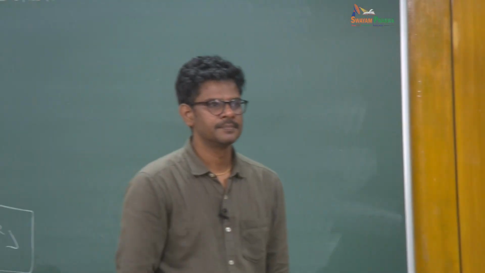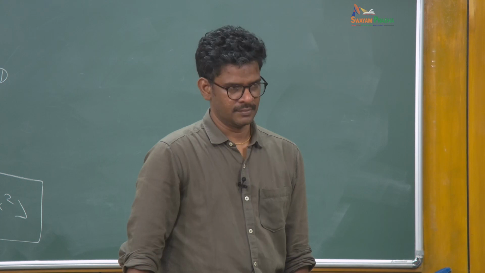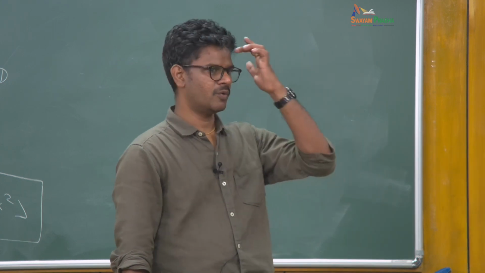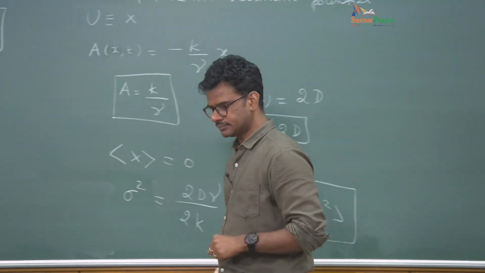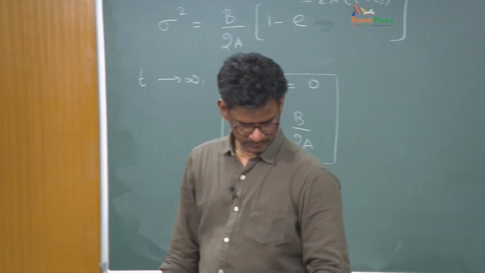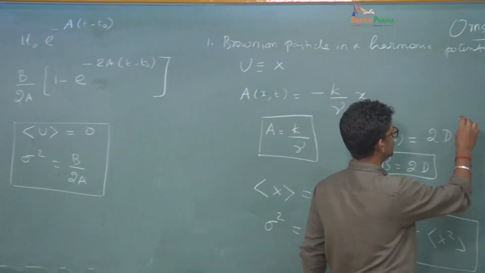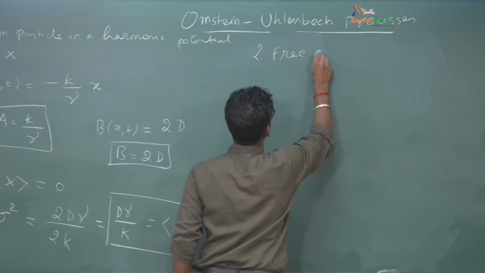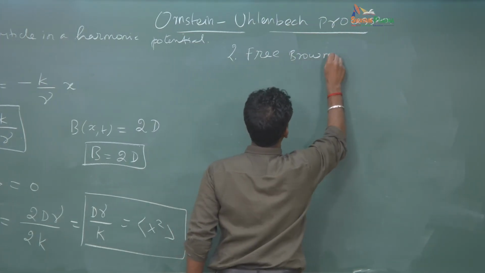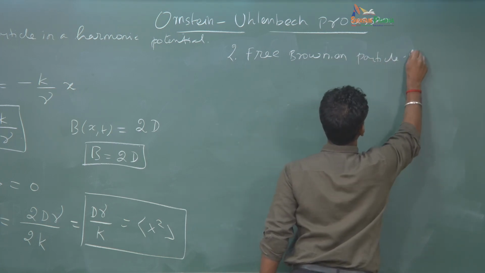Yes. So here I am all doing one dimensional random variable. So now what we can do, we can go to the second process, that is the free Brownian particle velocity.